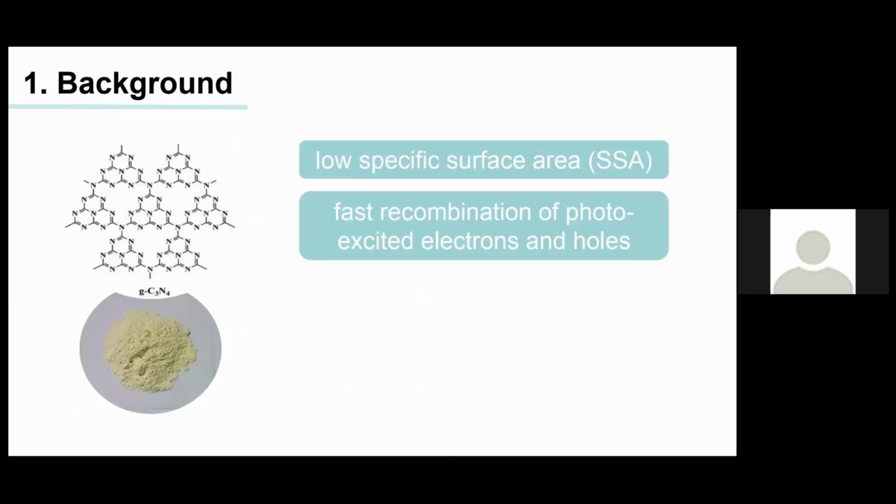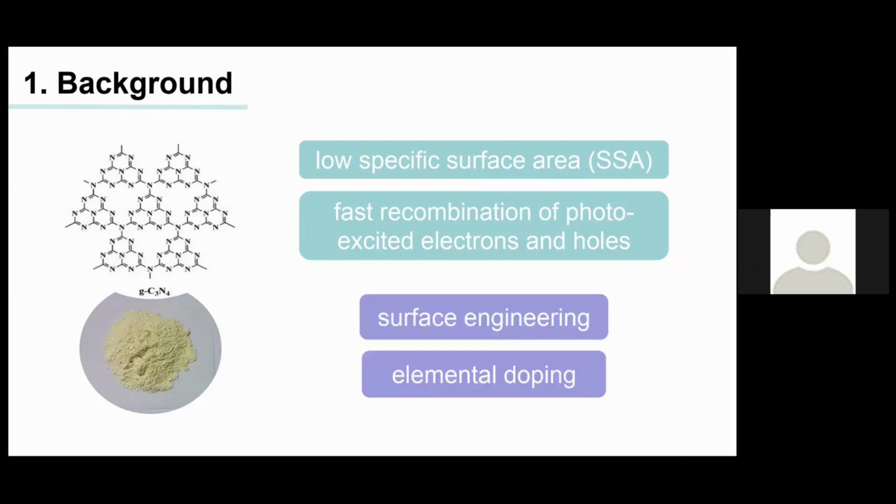Nowadays, the main drawbacks that hinder polymeric carbon nitride's application are low specific surface area and fast recombination of photoexcited electrons and holes. Therefore, strategies such as surface engineering and element doping are adopted to enhance the photocatalytic activity of polymeric carbon nitrides.